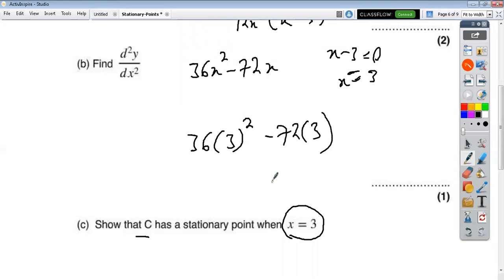Find if it's positive or negative. I get a positive. So it means it's a local minimum because d squared y over dx squared at x is equal to 3 is greater than 0.